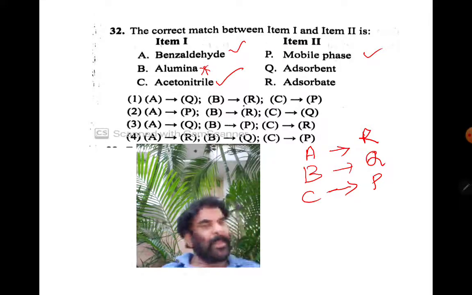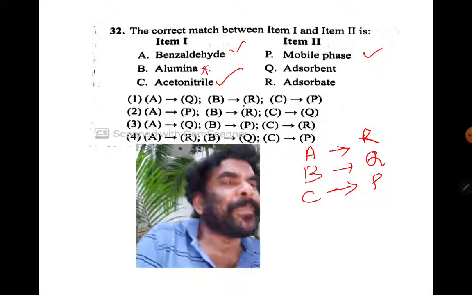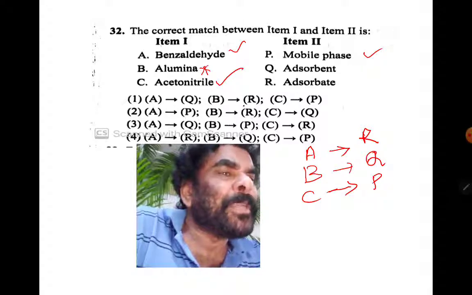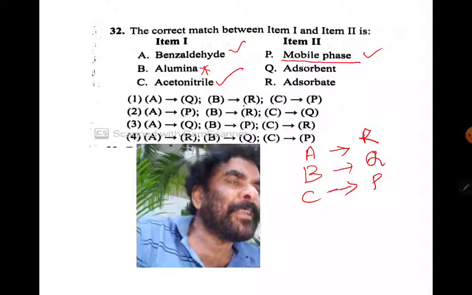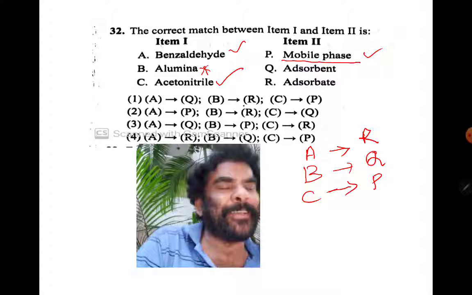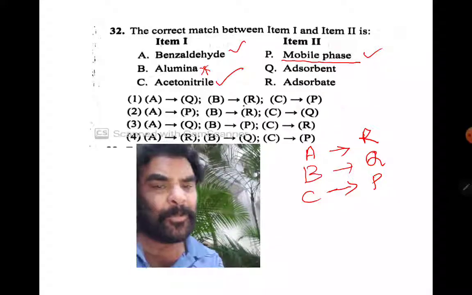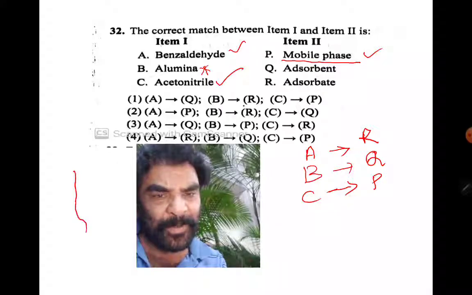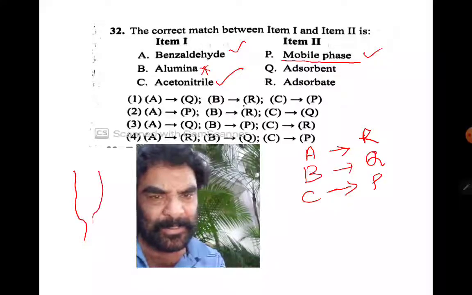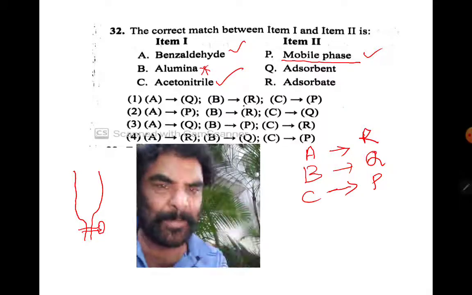In the chromatographic technique, we use the terms stationary phase and mobile phase. I told you in the chromatography theory, it is preferential adsorption. This is the adsorbent, used for the separation of mixtures.